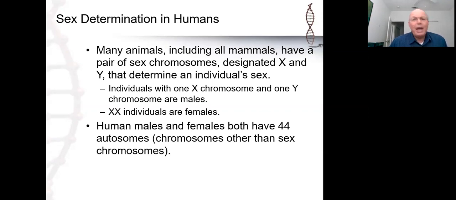Because a male only receives one copy of the X chromosome, and there is no alternative, whatever alleles of those genes happen to be present in that region of the X chromosome represent the alleles that the male is going to show. This is referred to as X-linked inheritance.